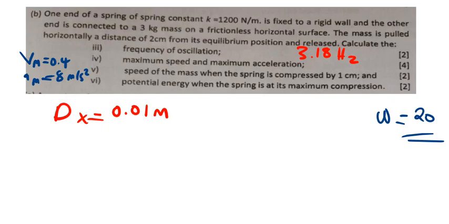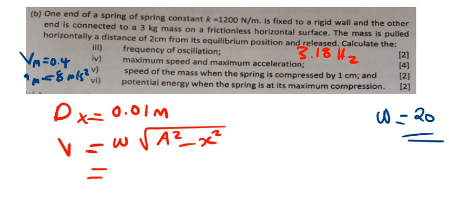Now that we found this, I think we have everything to find the speed of the mass. The speed will be equal to the angular frequency multiplied by the square root of amplitude squared minus x squared. So this is the formula. The angular frequency, we found that it was 20.